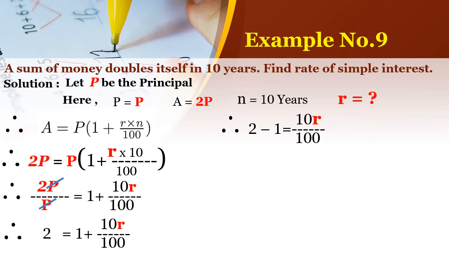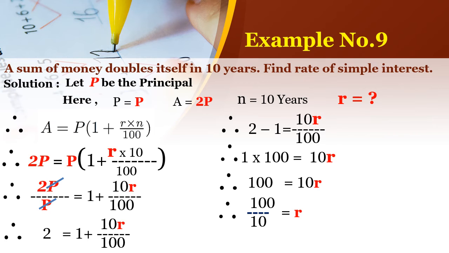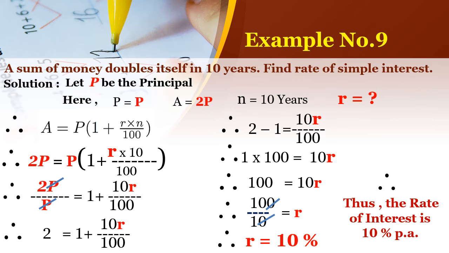This 1 plus, we transfer to the other side, so minus 1, and we get 1 into 100 is equal to 10R. Therefore 100 is equal to 10R. Therefore 100 upon 10 is equal to R, and we simplify the step here. So R is equal to 10%. Therefore, thus the rate of interest is 10% per annum.